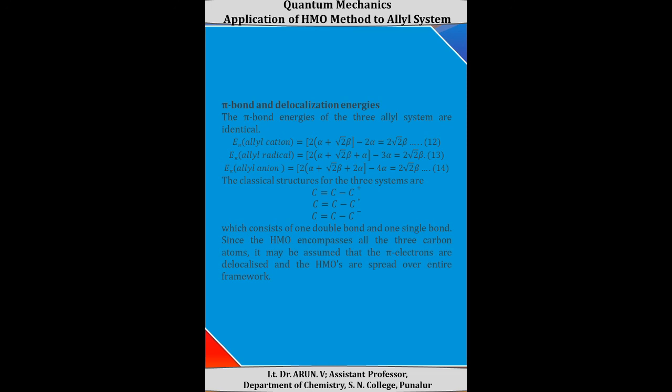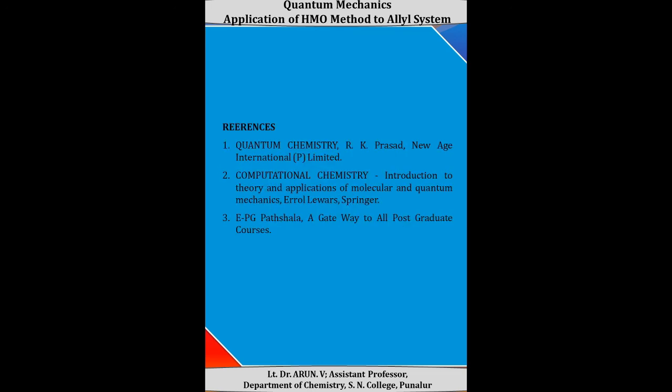The classical structures for the 3 allyl systems are C double bond C single bond C plus, C double bond C single bond C radical, and C double bond C single bond C minus, which consist of 1 double bond and 1 single bond. Since the HMO encompasses all the 3 carbon atoms, it may be assumed that the pi electrons are delocalized and the HMO are spread over the entire framework.